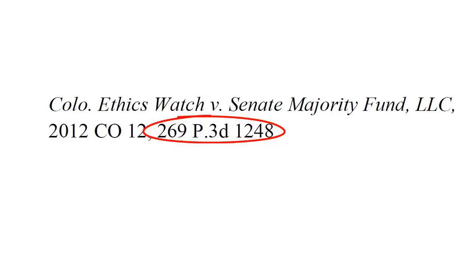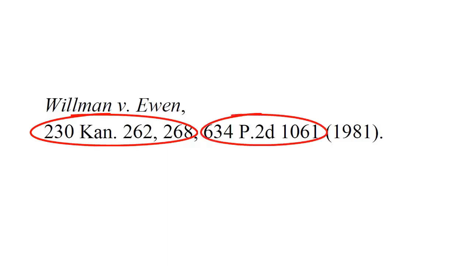Parallel citations are also expected in some states that have an officially sanctioned reporter when decisions appear in that reporter and also in a commercially published regional reporter, with the official reporter site coming first and the regional reporter site appearing second, again separated by a comma.